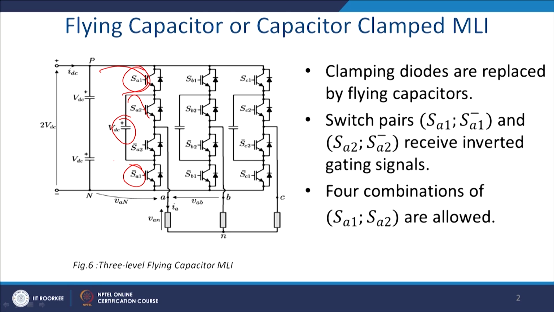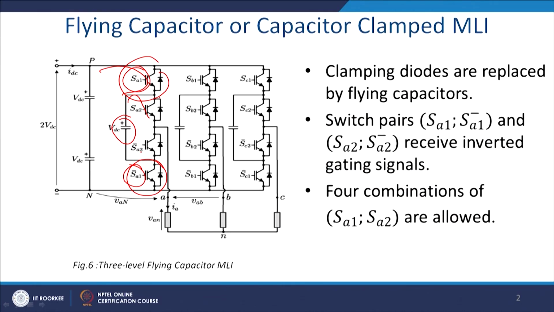Previously we had S1, S2 simultaneously on, and we generally found S1 and this one as complementary logic. Here the lower switch will have a complementary logic. Similarly, these two switches will be complementary. So this is a basic difference.